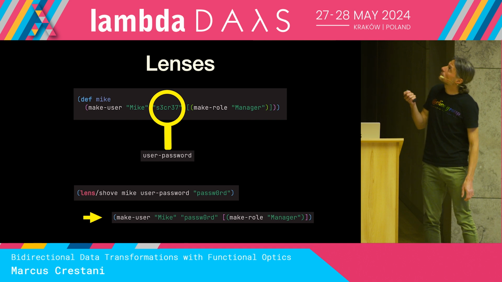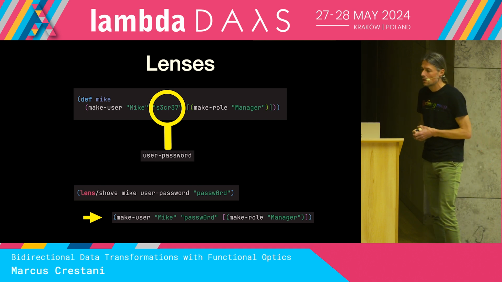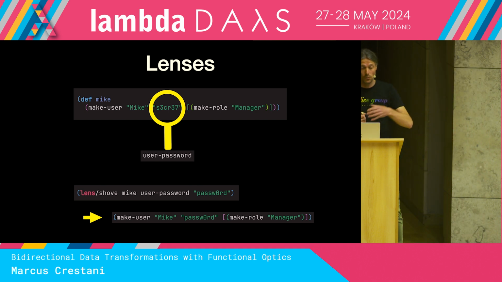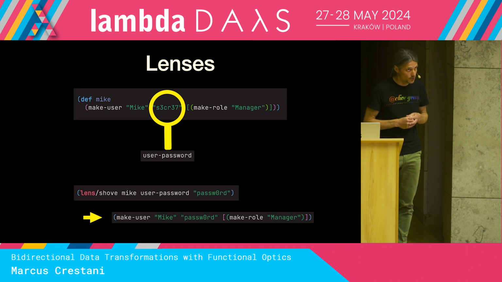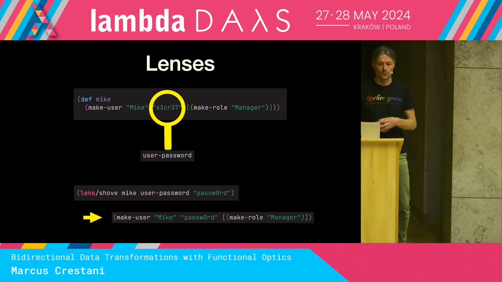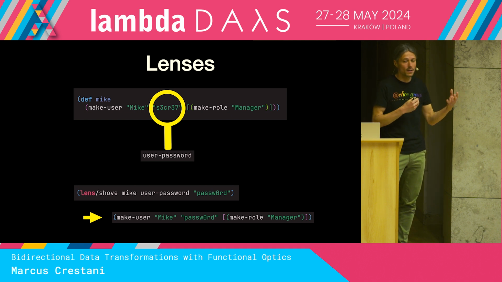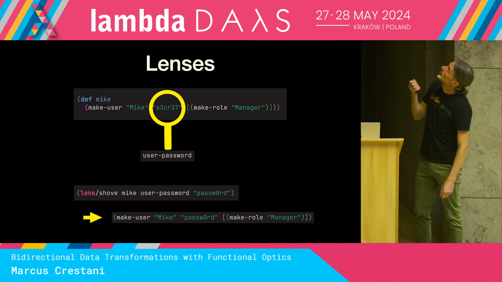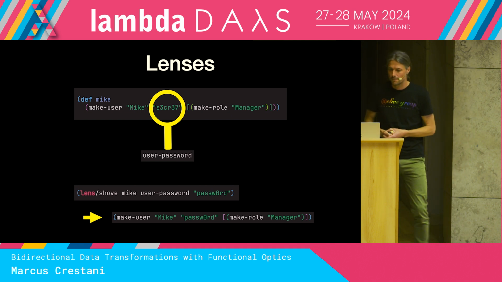Here, the call to lens/shove, with our Mike user, the user-password lens and a new password, shoves the new password into Mike's user data structure. It basically returns Mike's user data structure with the password changed.